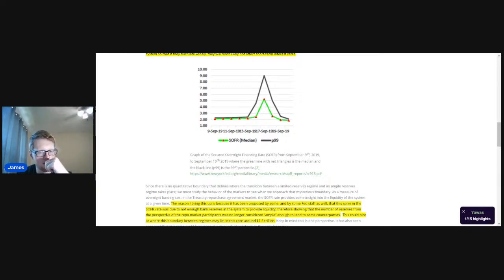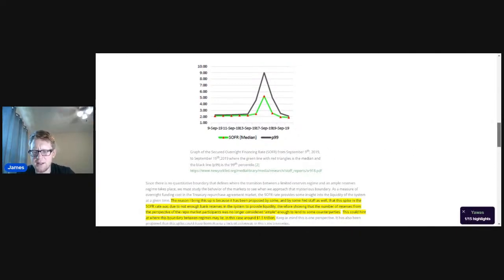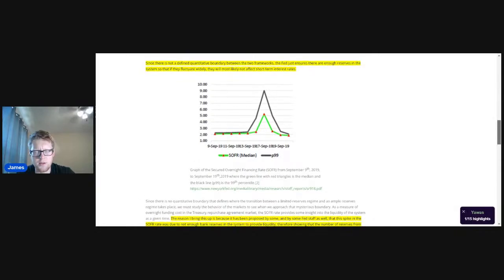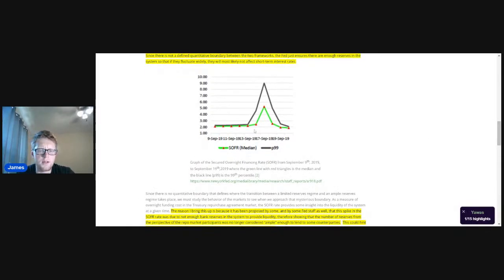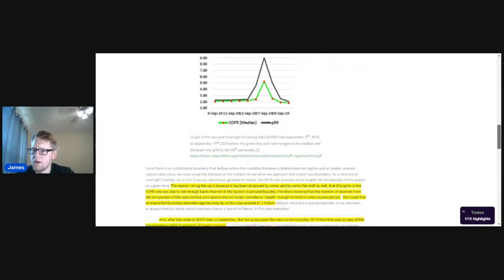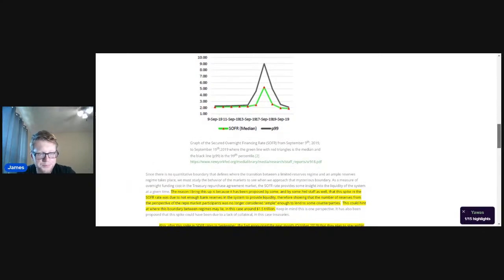And so what I found was this is the SOFR rate, which is the secured overnight financing rate, from September 9th to the 19th of 2019, right? And so this is when you had that famous repo spike up to 10%, which isn't the SOFR rate. I could not find the reverse repo spike rate for some reason. And so this was a good proxy I found, at least I think.